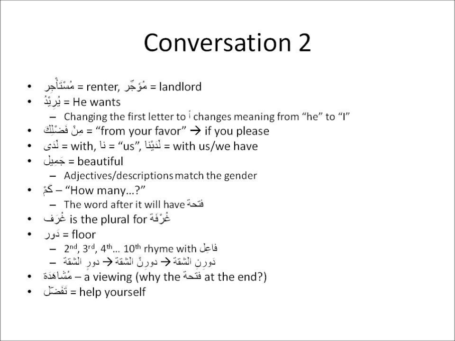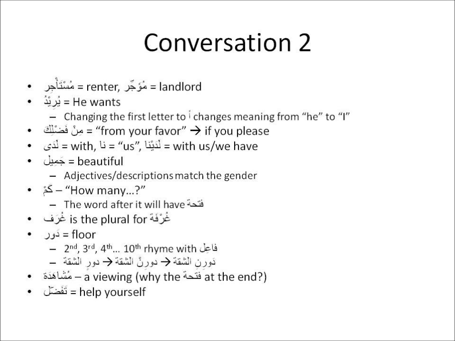And which floor is the apartment? الشقة في الدور الخامس. The apartment is on the 5th floor. أريد مشاهدة الشقة. I want to view the apartment. تفضل. Help yourself. هذه هي الشقة. This is the apartment. هذه شقة جميلة. This is a beautiful apartment.